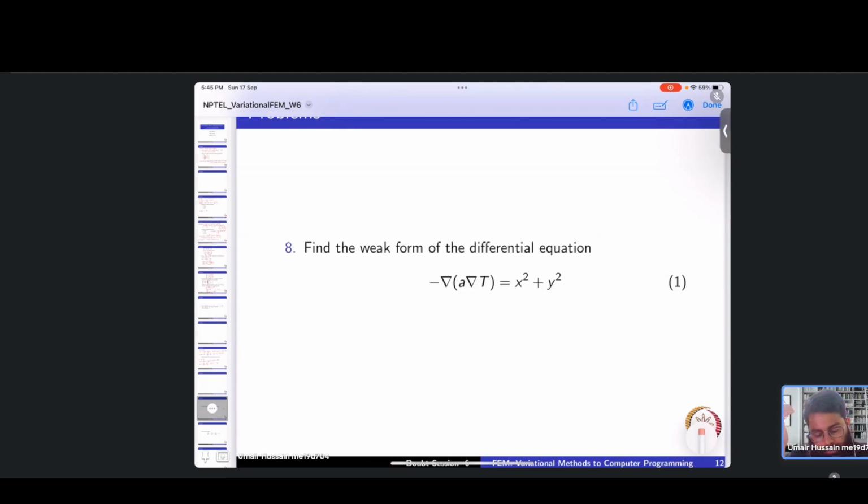Now we try to use our knowledge of the Gauss divergence and gradients and divergence to get the weak form. So the first step in any weak form is to get the variational statement, or multiply the given equation with the weight function.